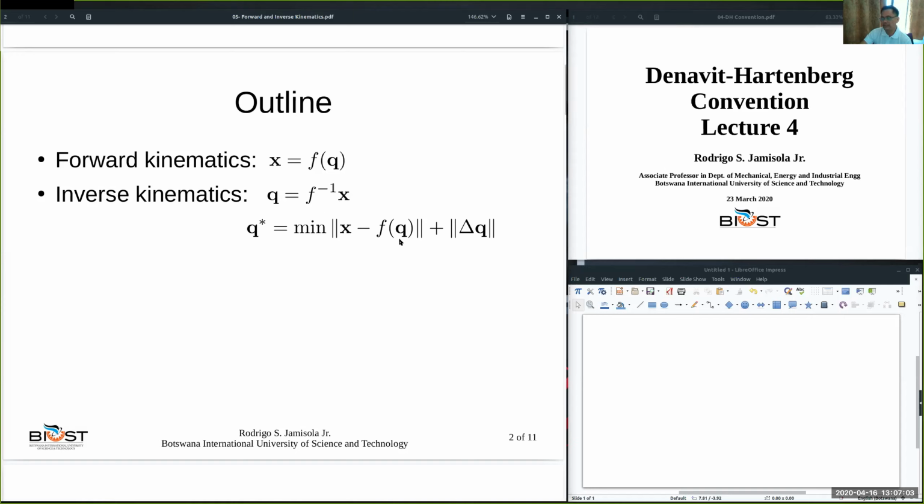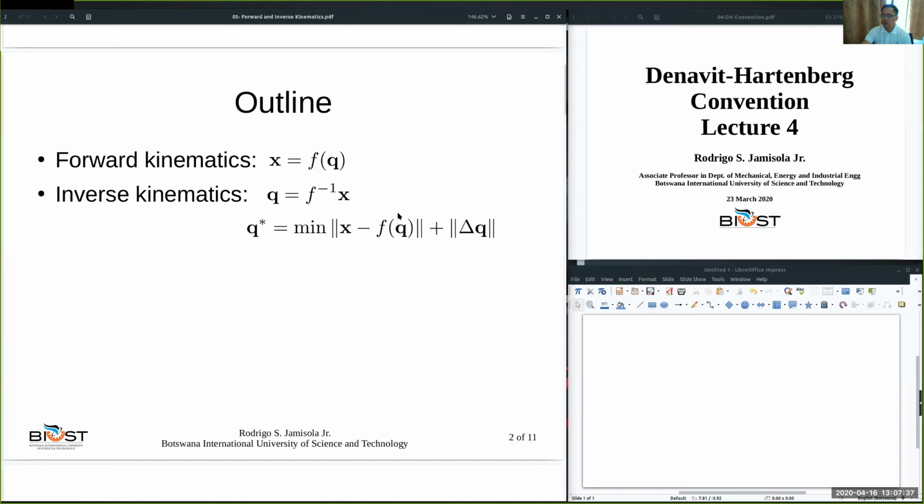So just for completeness, I put this q star, which is the optimum joint q, which will be applicable when the robot is redundant. In this case, there are many joint configurations, for example, the q variable that will bring about the same x, the same position and orientation of the end effector.